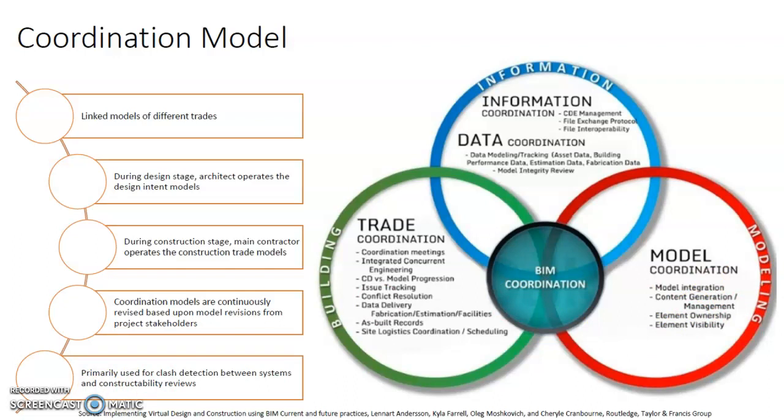So our coordination models are to link models of different trades. During the design stage, the architect will operate the design intent model, but in the construction stage, the main contractor then takes over and operates the construction trade models. Coordination models are continuously revised based on the model revisions from the stakeholders, primarily used for clash detection between the systems and constructability reviews.